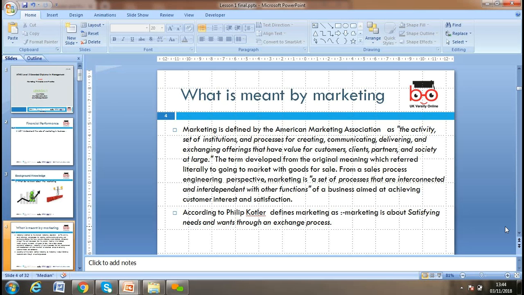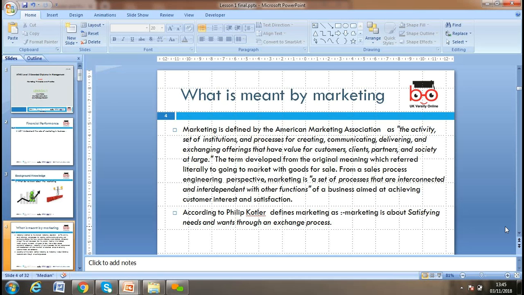The term has developed from its original meaning, which referred literally to the sales process. From an engineering perspective, marketing is a set of interconnected processes, interdependent with other functions. Marketing can't work without production and the others. So it is interconnected, with the business aimed at achieving customer interest and satisfaction.